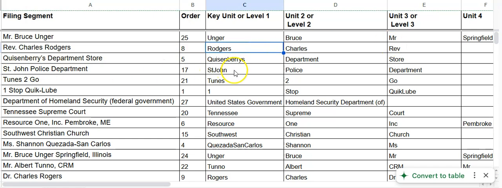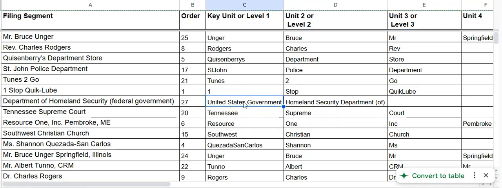The St. John Police Department, this brings us back to the rule on articles and particles, where we would combine St. John or Van Dyke and things of that nature. Whenever we have a federal government notation, that means that this is part of the United States government. And that's why here you'll notice, as well as in job 4, and I believe as well as job 3, that you'll have level 1, level 2, or level 3 included with the units here.